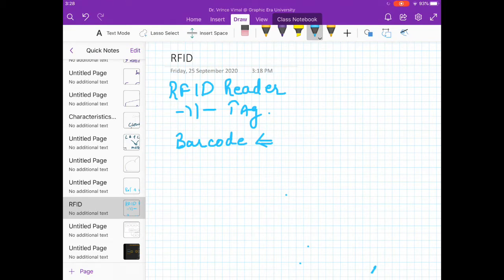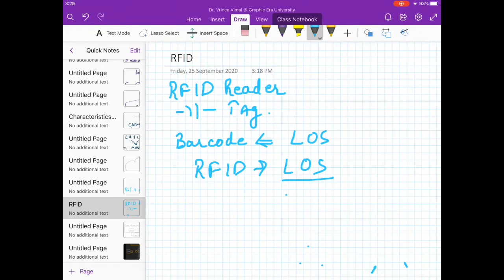But with RFID, line of sight (LOS) is not required, whereas barcode is dependent on line of sight. To identify any object, you have to scan its barcode, and the barcode should be present in front of the scanner. This is not the case with RFID technology.